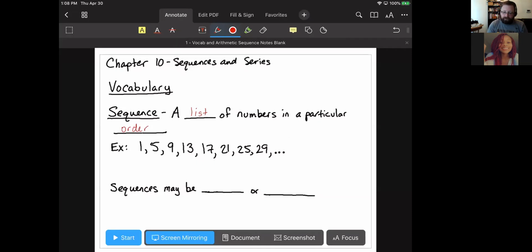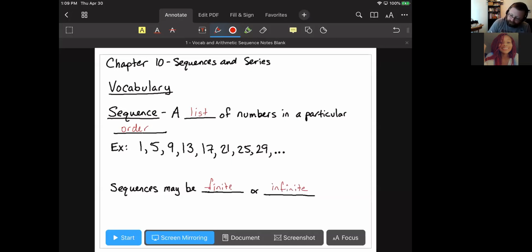You notice that 1, 5, 9, 13, 17, 21, 25, 29, there's a pattern to that sequence, okay? There doesn't necessarily have to be a pattern, but there usually is a pattern, so we need to find that, okay? Sequences can either be finite or infinite.